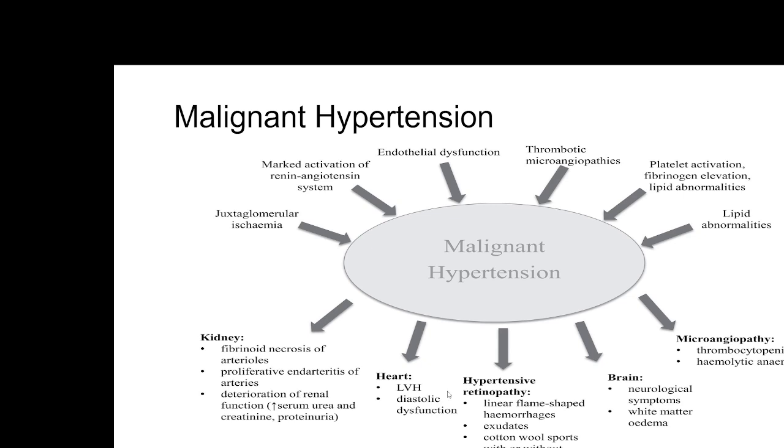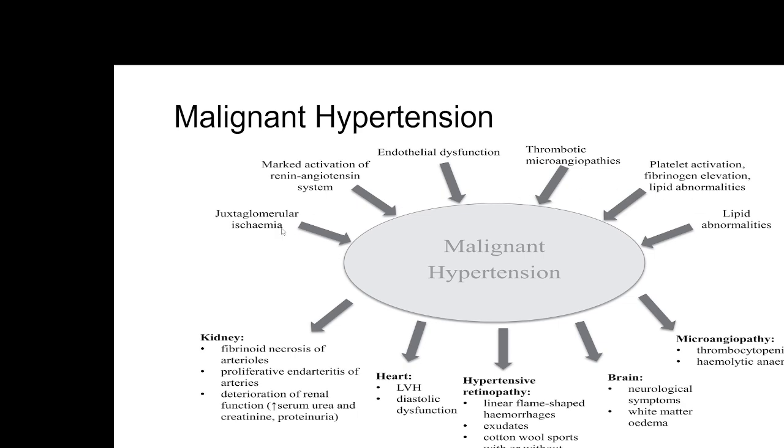In the heart, ventricular hypertrophy and diastolic dysfunction can occur. Retinopathy is the other, and it can produce damage in the retina, exudates could occur. Even there could be very late complications of wool spots where the retina will be fibrosed. In the brain, neurological symptoms or edema can occur, or microangiopathy where thrombocytopenia could occur, and hemolytic anemia also could occur.